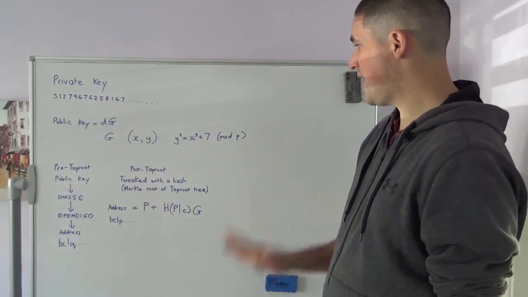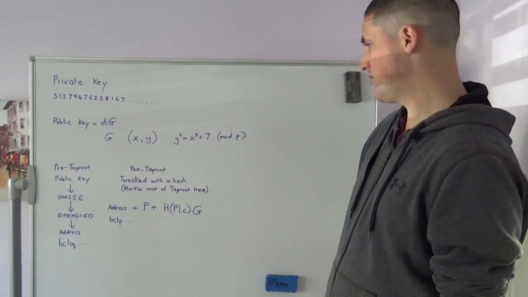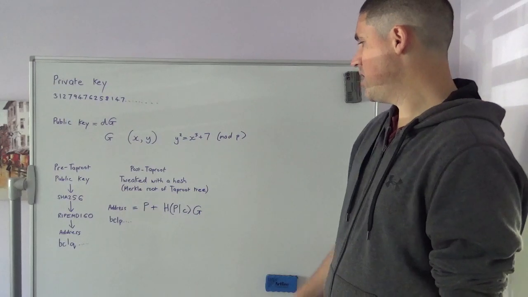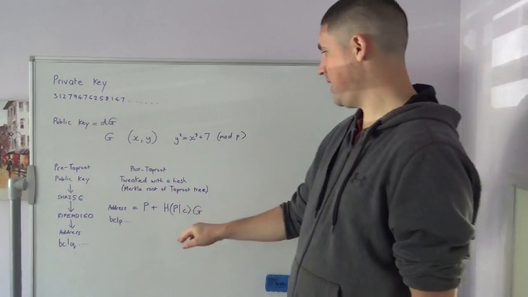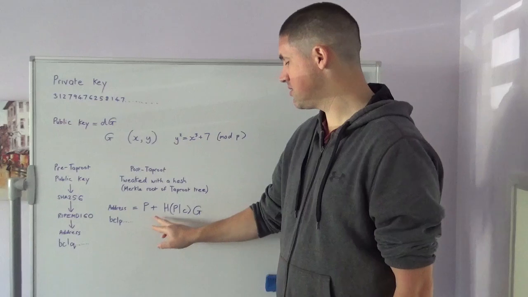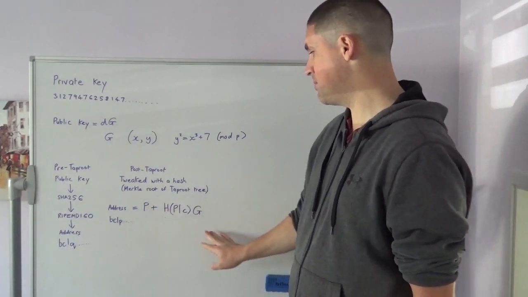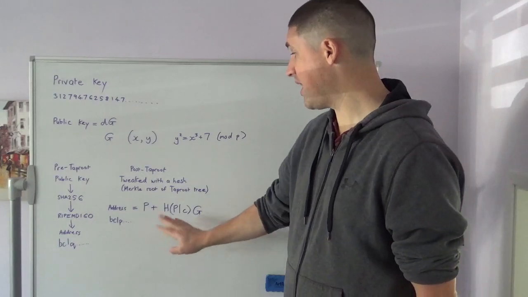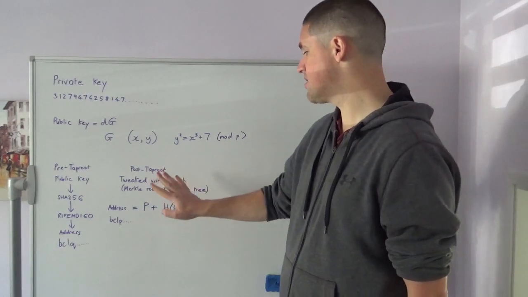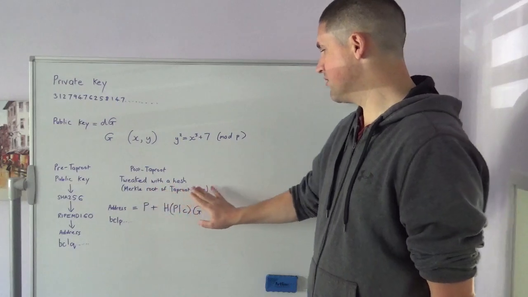Now that was pre-Taproot. Post-Taproot, for Taproot addresses, you have a bare public key, and most of the time it's encouraged to tweak this bare public key with a hash. The hash is the Merkle root of the Taproot tree.